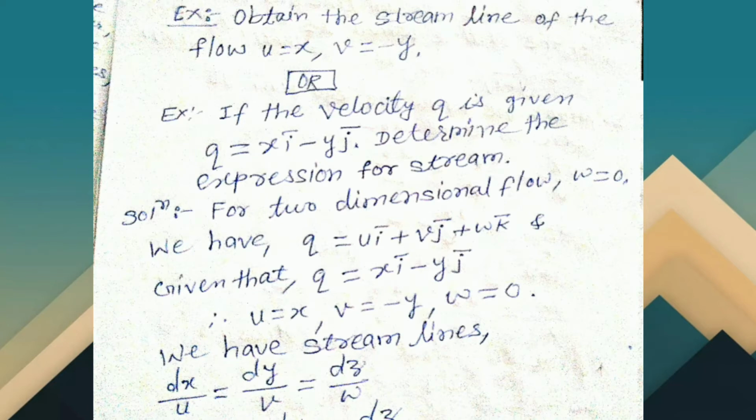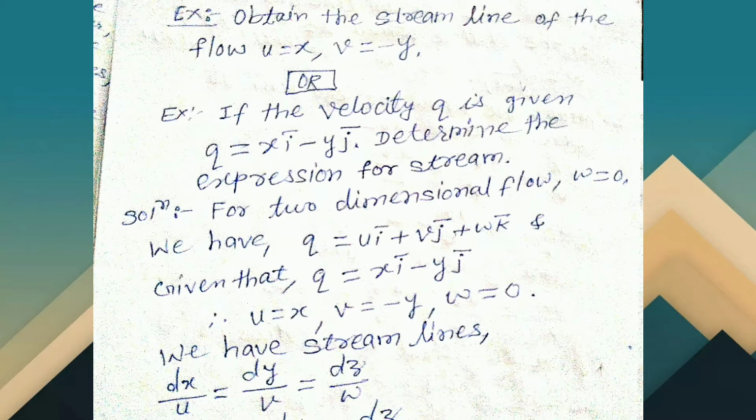A flow is said to be barotropic when the pressure P is a function of density rho only, where P is equal to F of rho.